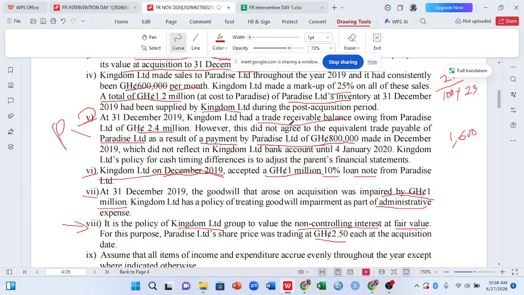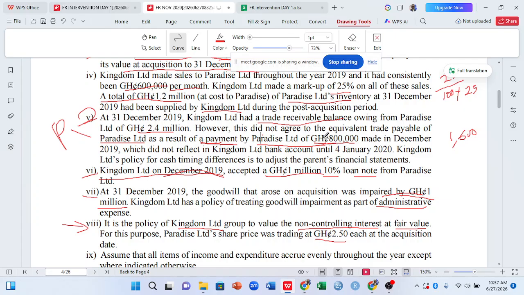They told us that Kingdom Limited had a trade receivable balance from Paradise. That was the balance, 2.4. But the usual question, instead of giving us a trade receivable balance so that we look for the difference as either cash or goods in transit, what they rather did was give us the payment. They said Paradise made a payment of 800,000.